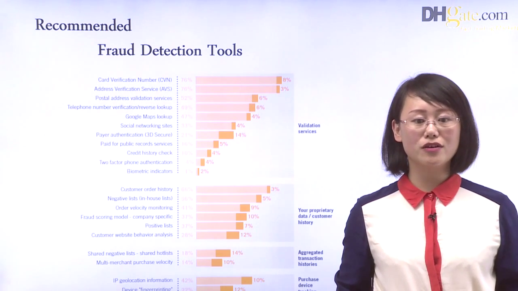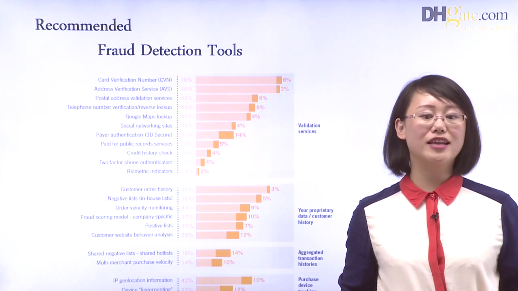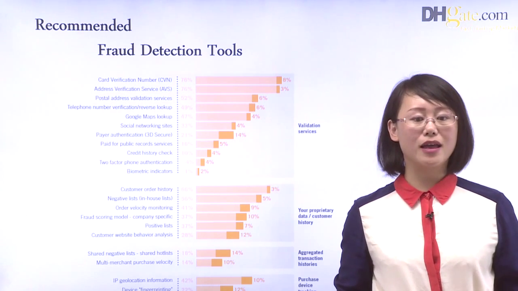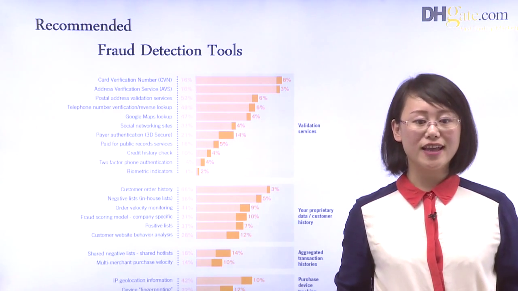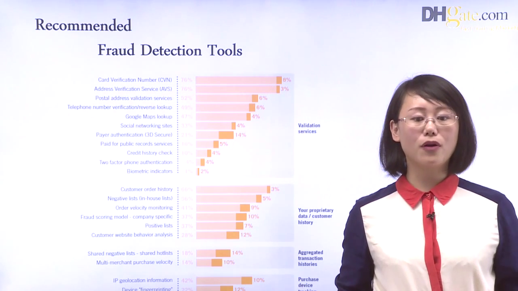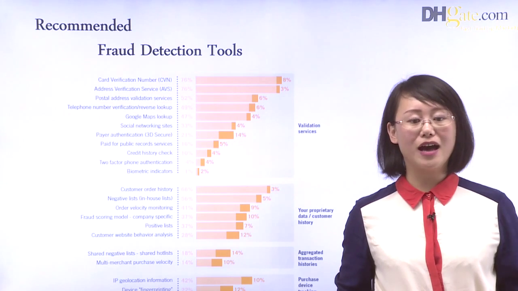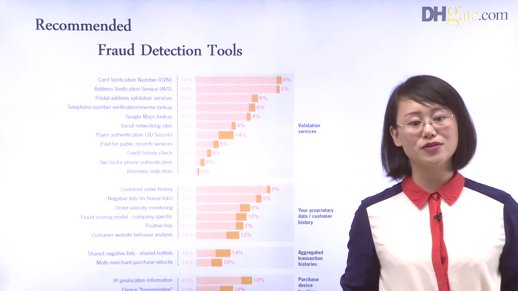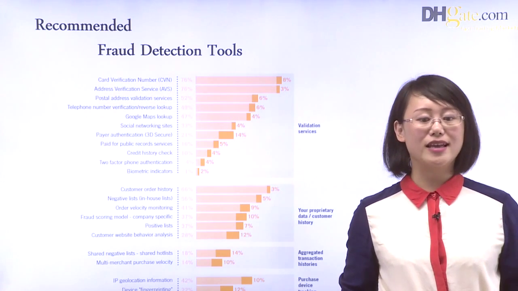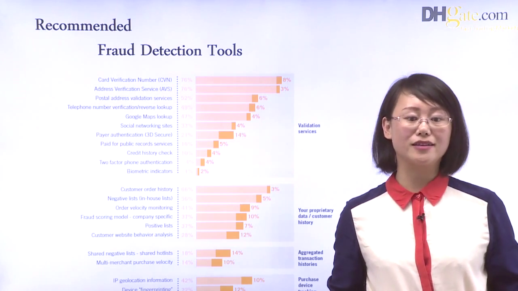Tools like Google Maps and IP geolocation information are becoming more popular. Device fingerprint is worth looking at more closely, as 55% of merchants use it and rate it as one of their most effective.